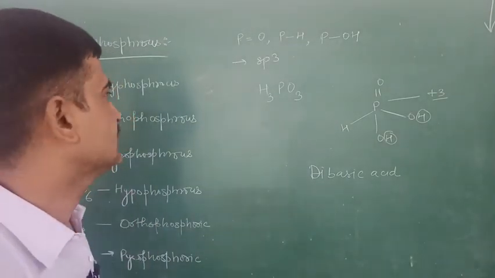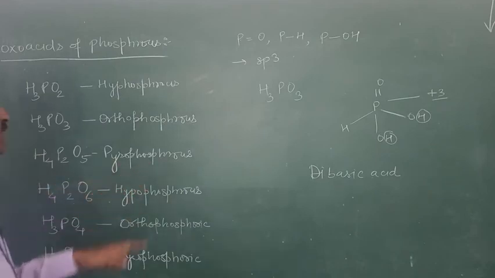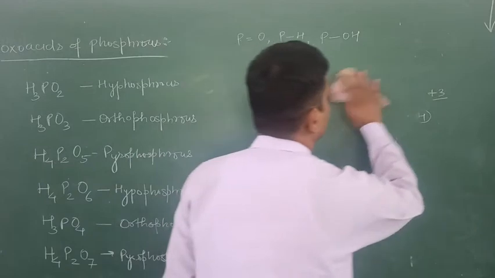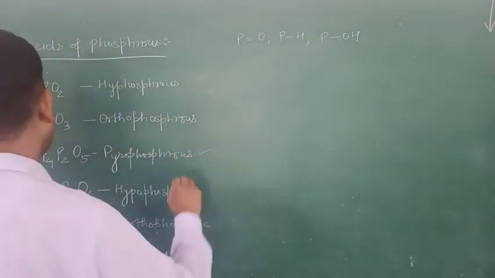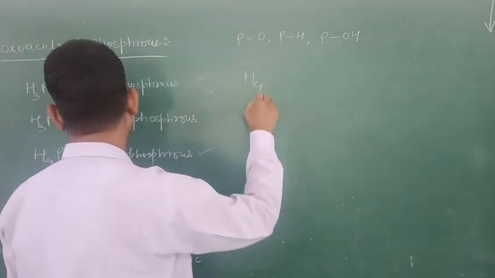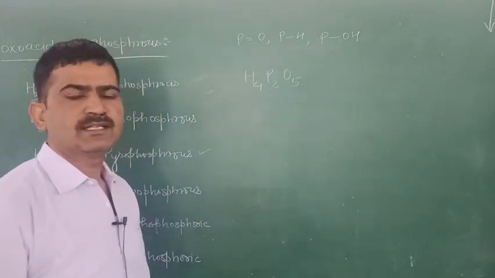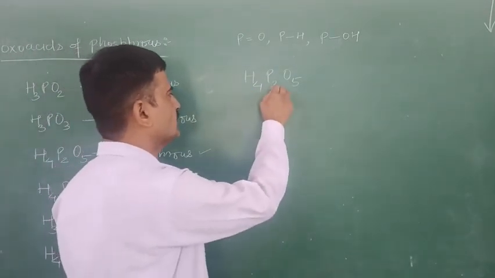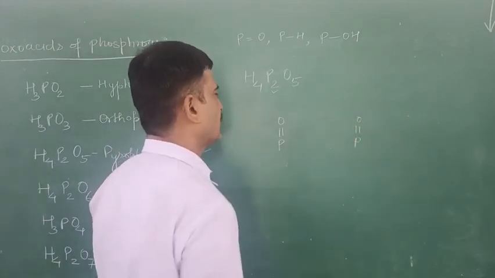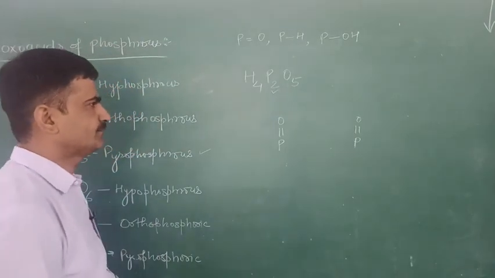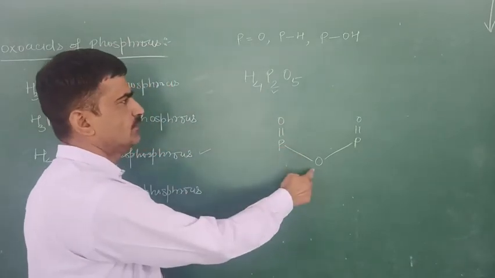Now we will discuss another acid, H4P2O5, pyrophosphorus acid. In that, two phosphorus atoms are there, which means two phosphorus-oxygen bonds are there, joined through oxygen.